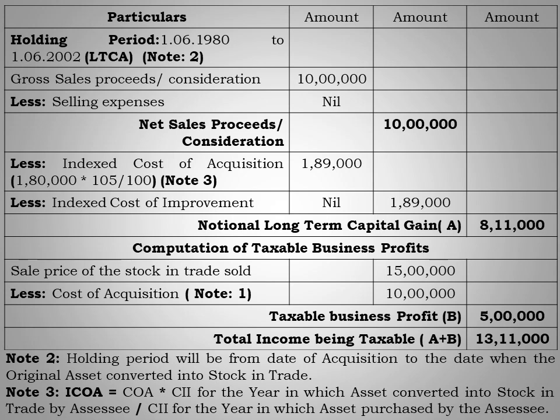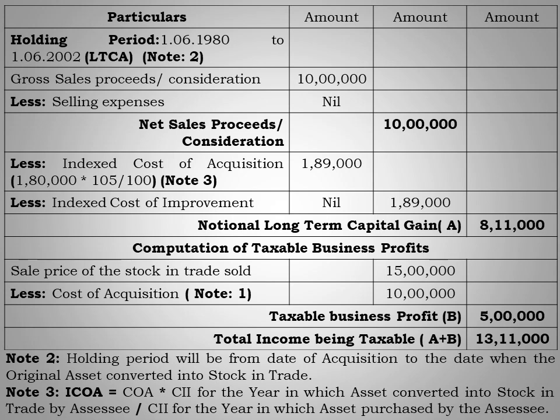And for the indexed cost of improvement, they have provided no information regarding any improvements made after 1st April 2001. So the total indexed value will be 1,89,000, and therefore the result will come to a notional long-term capital gain, or we can say the taxable long-term capital gain also.